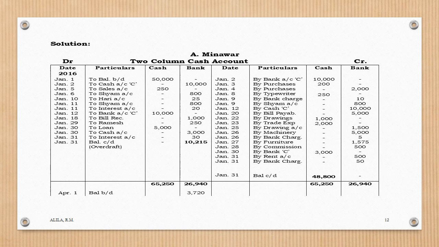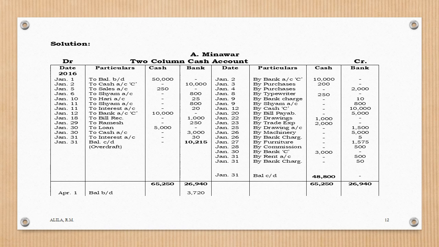On 5th January, we make cash sales, 250. On the 6th, we receive some money in the bank from Sharam, 800. And on the 9th, bank charge 10.